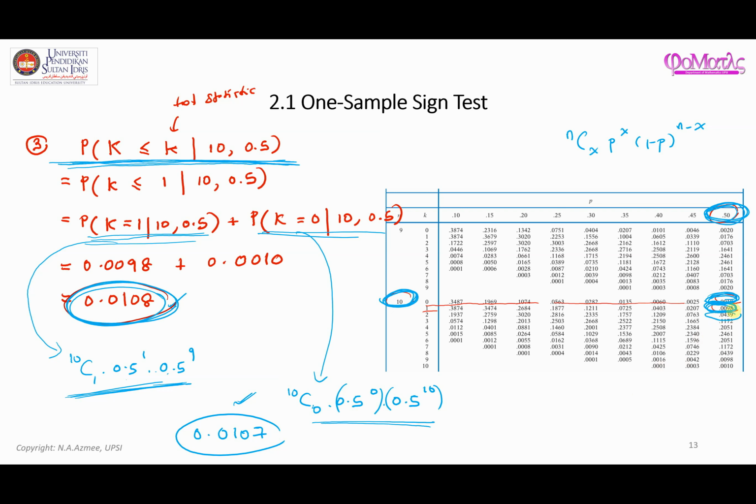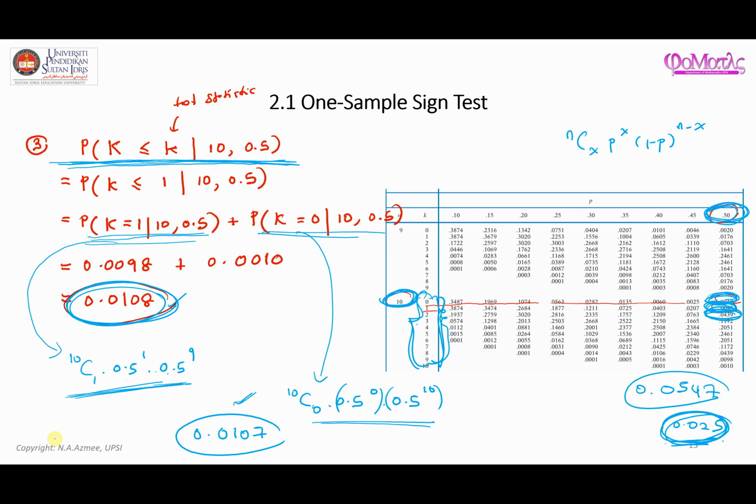But if you add this probability, then it becomes 0.0547. But this is already exceeding 0.025. We need to find the point here that gives probability equal to 0.025 or less.